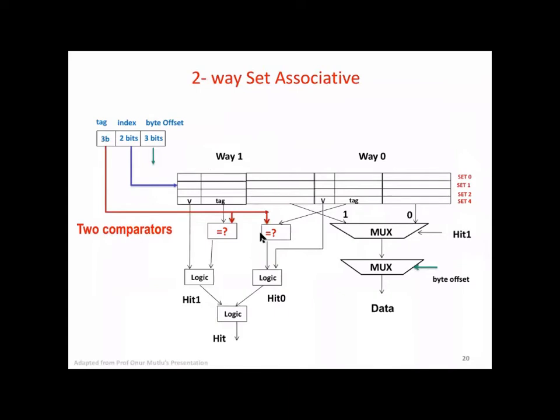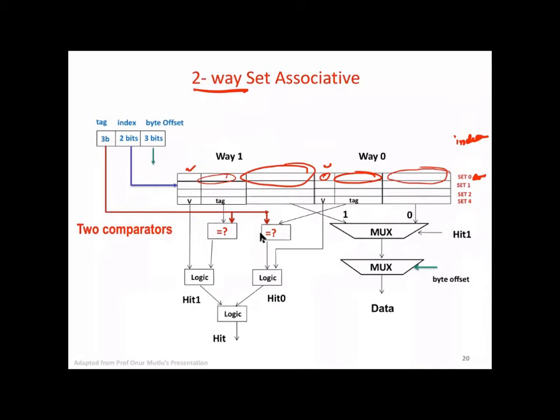So we call it two-way. It means that each set or each index has 2 blocks. So one block here and second block there, and of course this is the tag bit and the v bit here.